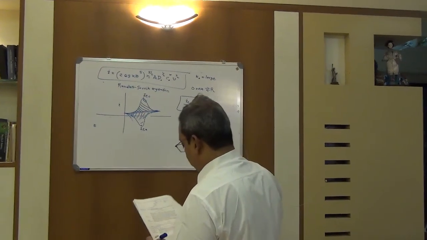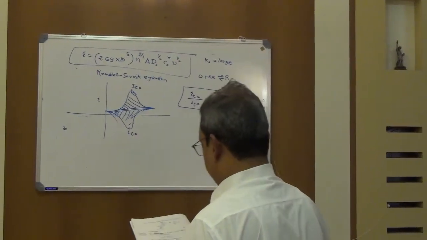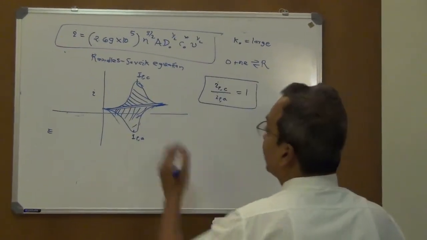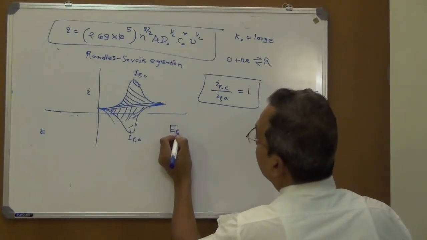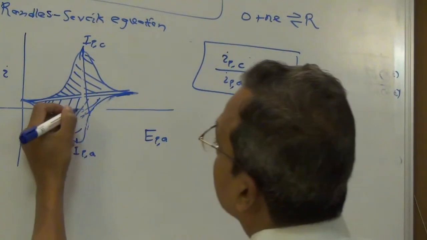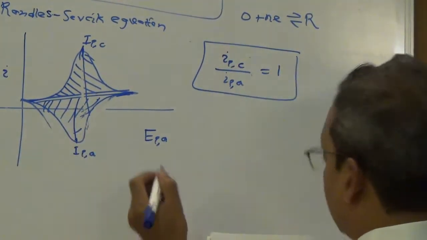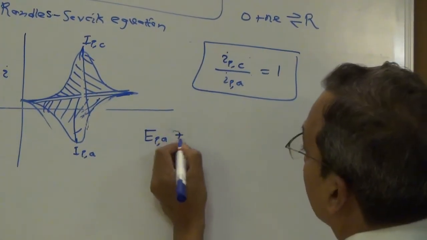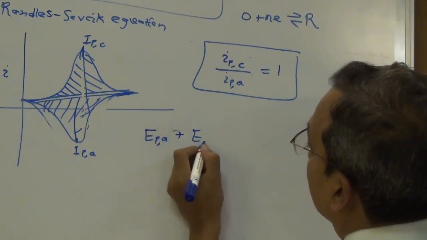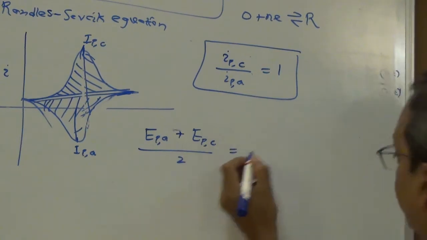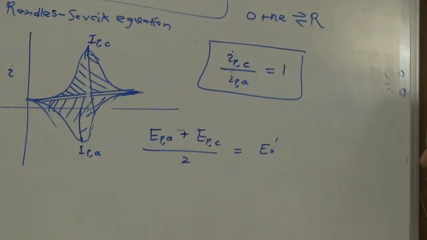Let us now see the characteristics of this Randles-Sevcik equation. Using this equation I can take the mean of these two potentials, the potential at which you get this peak and the potential at which you get this peak. This is the anodic potential, this is the cathodic potential, and if I take the average of these two, what you get is E0 prime, the formal redox potential of the couple.